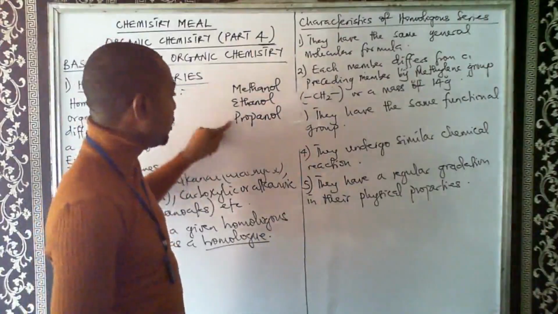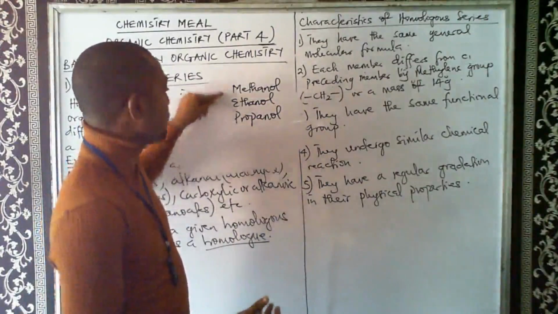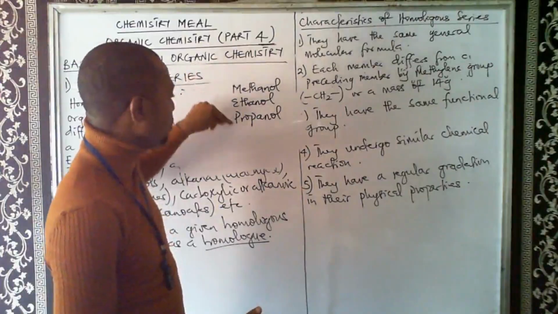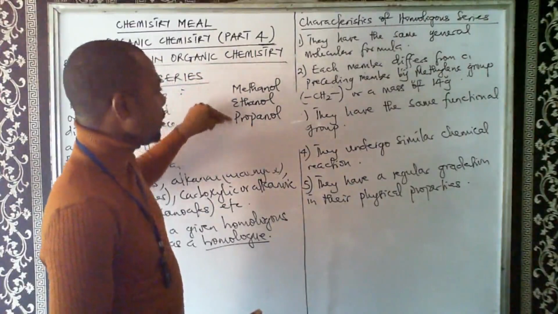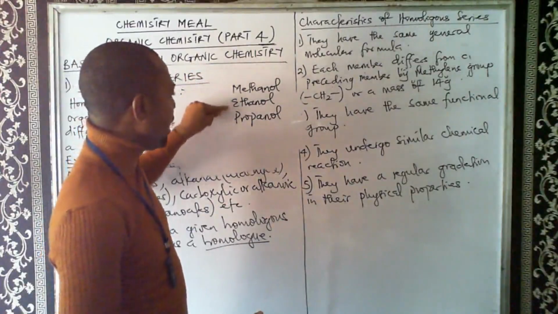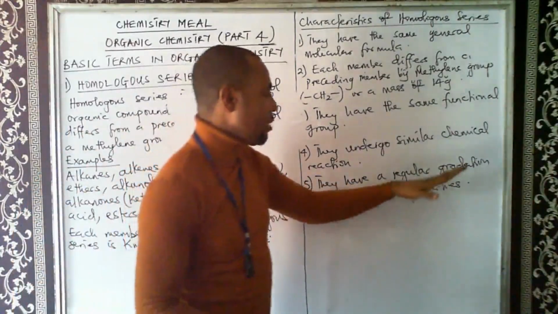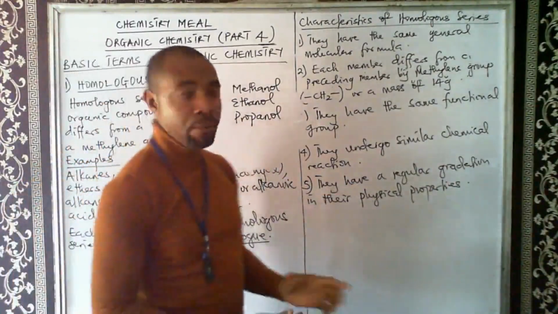It will not increase and decrease, or maybe decrease and increase. So if boiling point increases from methanol to propanol, it will increase from here to here to here. It will not increase from here to here and then decrease from here to here. That's what we mean by they have a regular gradation in their physical properties.